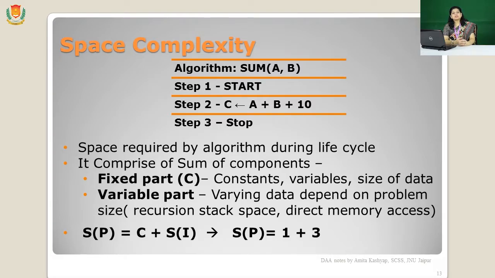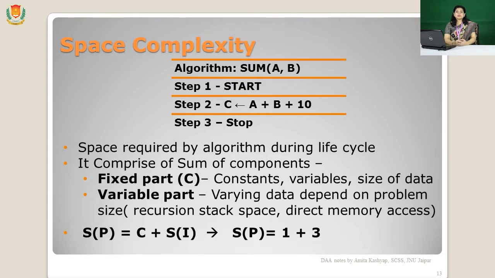So our main purpose is adding two values. These are the steps involved in solving the problem. So how do we decide how much space it is going to take, or what is the space complexity of an algorithm? That will depend on how much space these steps are going to take.